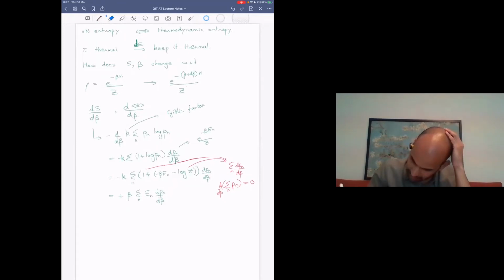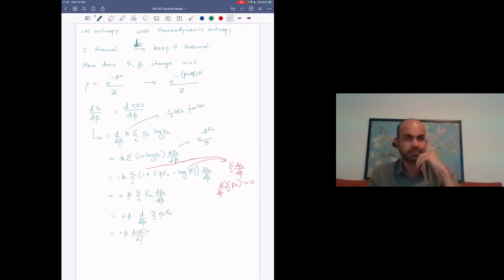But this, in turn, is very simply plus beta d over d beta, because E is a constant, which is plus beta times d of the average energy by d beta.